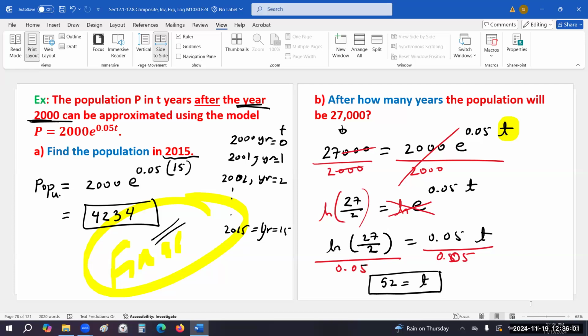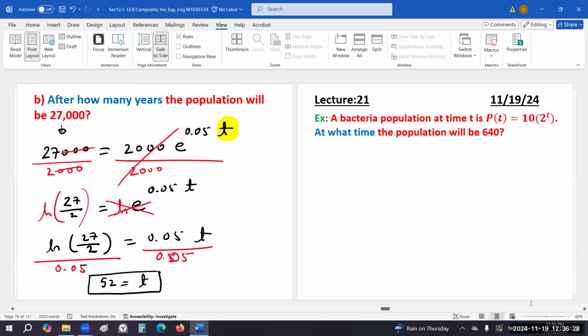So in this example, the formula is given, and we found the final population. In here, it says for how many years, so T is missing. T is on the power, so to solve for T, we need to apply log. So we divide both sides by whatever number we have in front of T. When the exponential term is alone, we can apply our log.